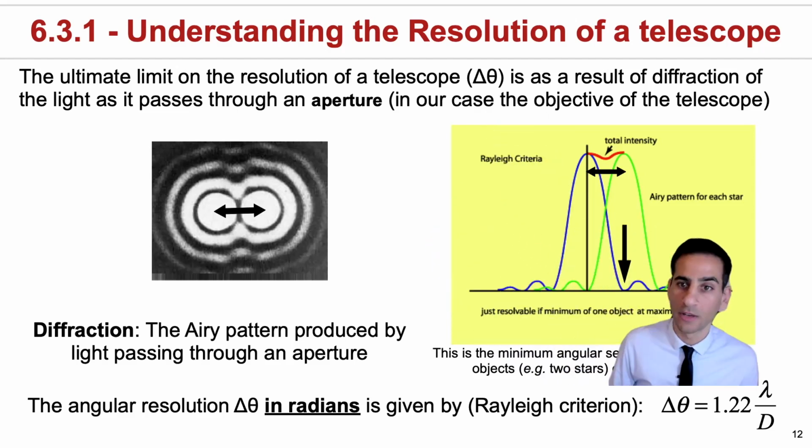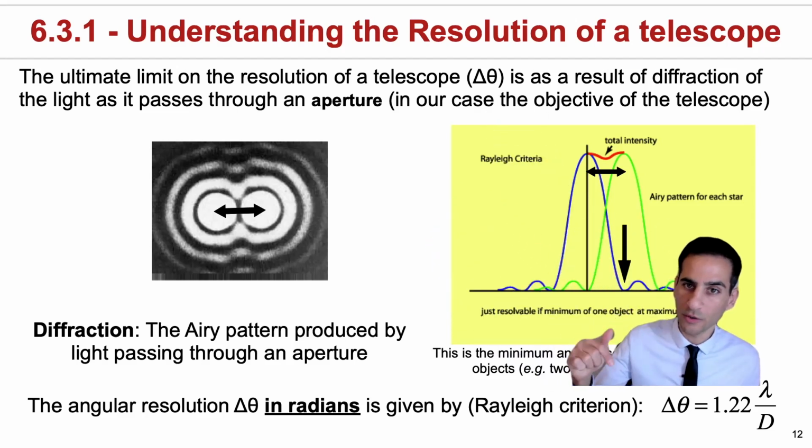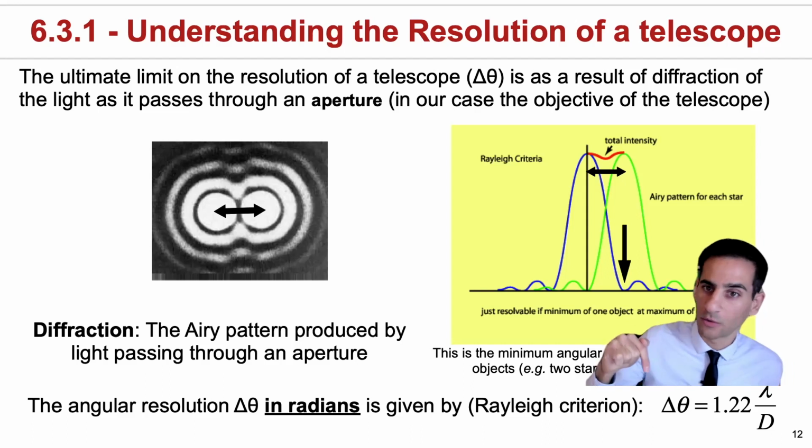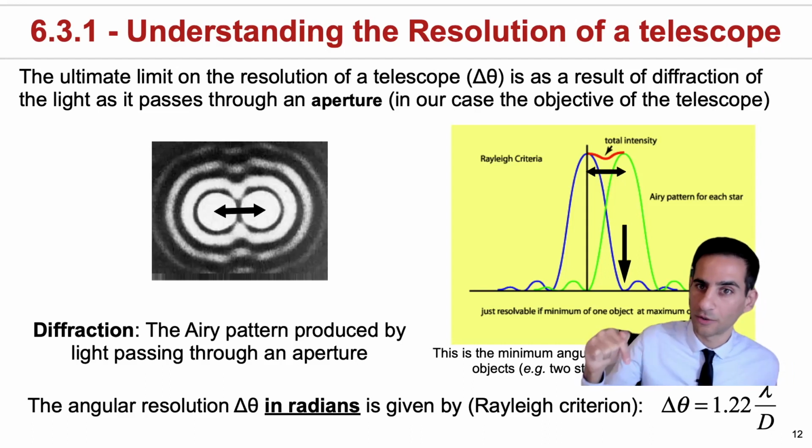So remember, if you want to calculate the theoretical resolution limit of a telescope, that will depend on the wavelength that you're observing and the diameter of the telescope. And it's 1.22 lambda over d, and never forget that delta theta will come out in radians. If you want to use arcseconds, you'll have to convert it, obviously.